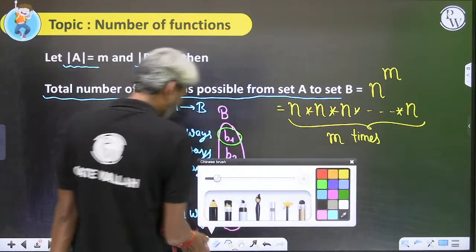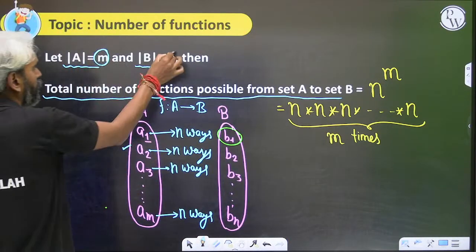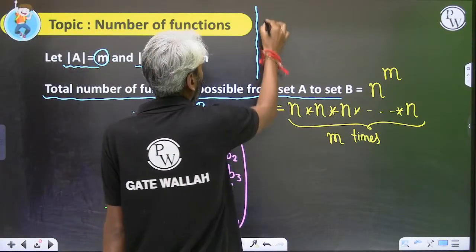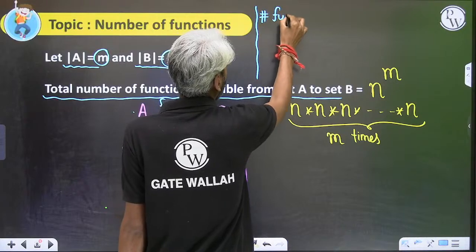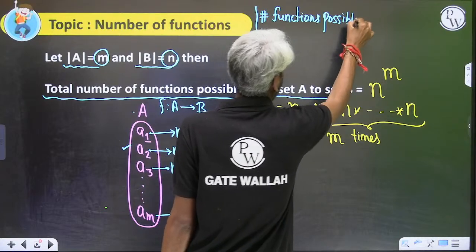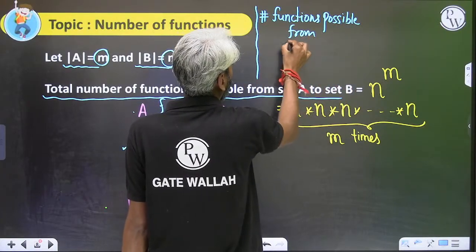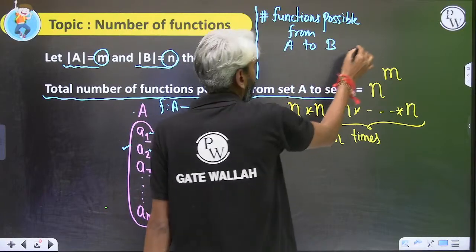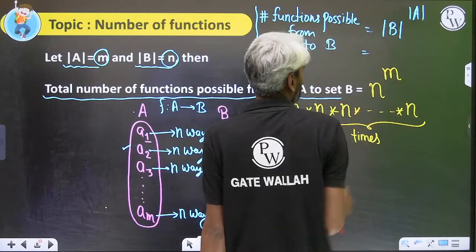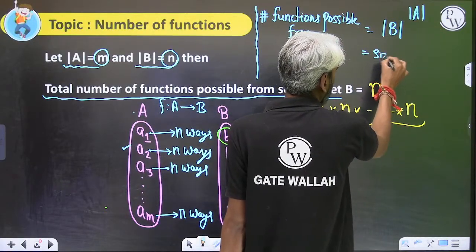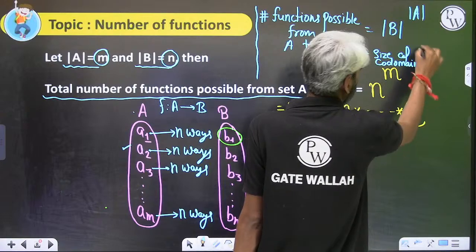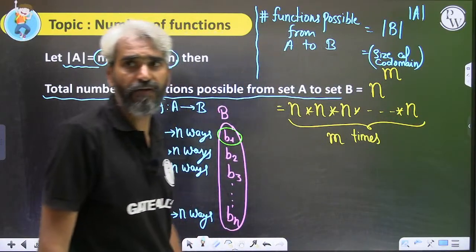Now, to not get confused with m and n, I would just say that the number of functions from A to B will be equal to the cardinality of set B raised to the power cardinality of set A. Basically, B is the codomain, so it is nothing but the size of the codomain, because in terms of m and n it may be confusing.